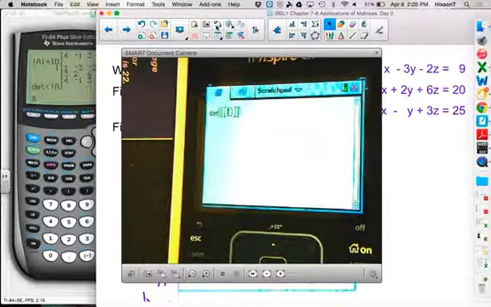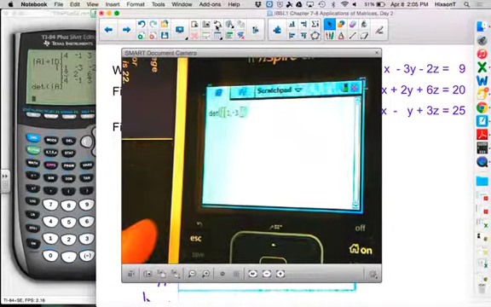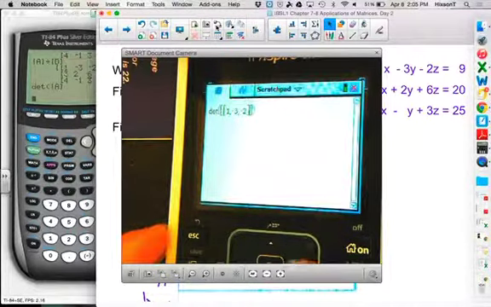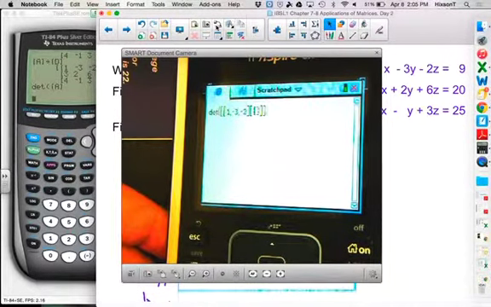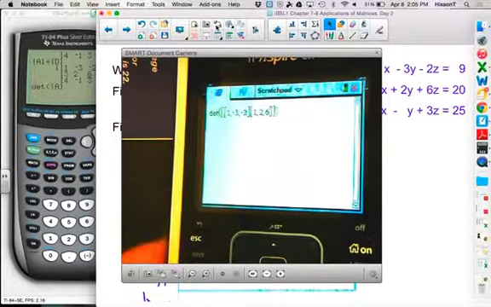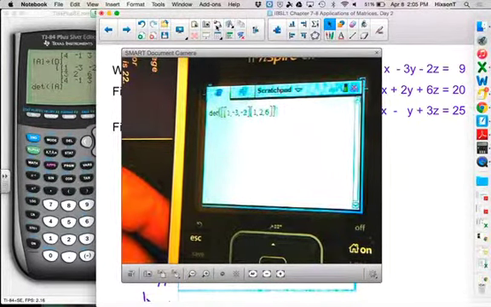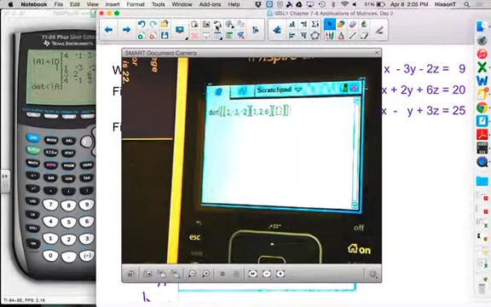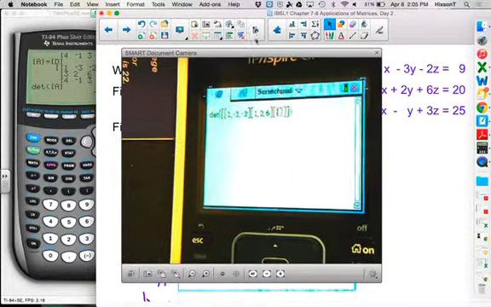In this set of brackets, we're going to put in 1, -3, -2. Go out of those brackets and then put another set of brackets for the second row: 1, 2, 6. Next set of brackets for the third row, we have, oh wait a sec, hang on.